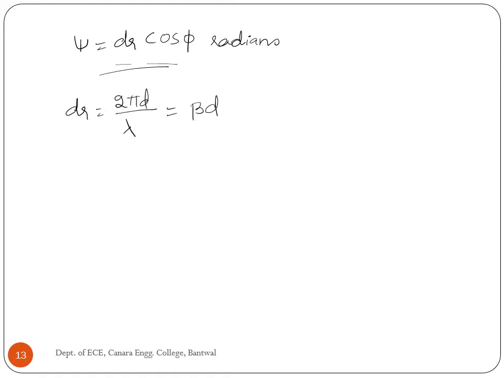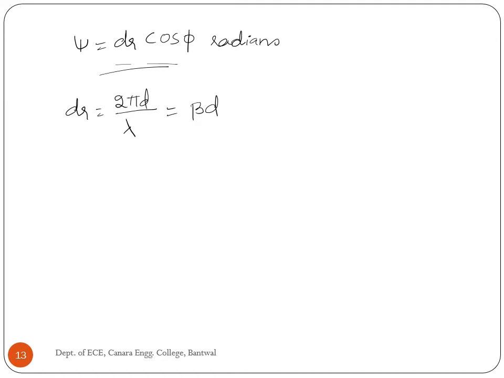Therefore, phase angle is equal to psi cos phi radians, where psi is equal to 2 pi d by lambda, which is equal to beta d.